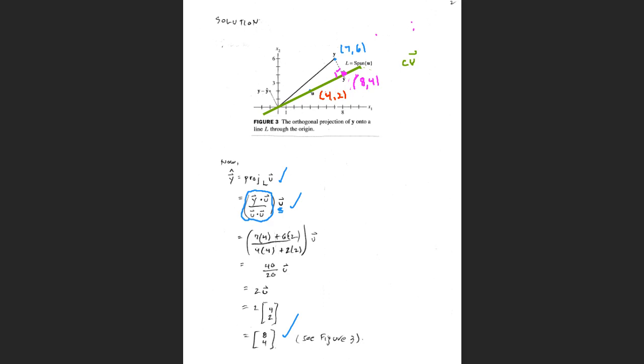Okay, and what we want to do is go a little further here and try to figure out this vector there, right? Because the vector y is the sum. Let me use this color here.